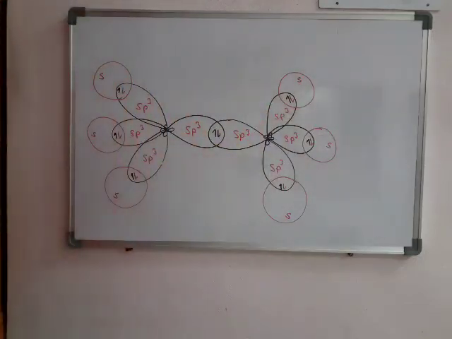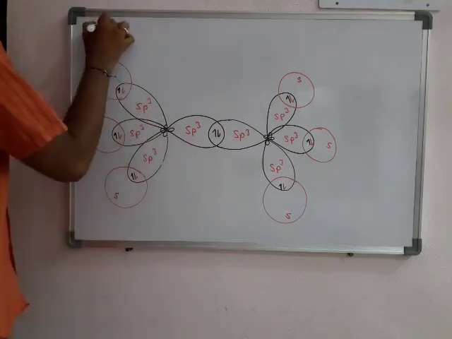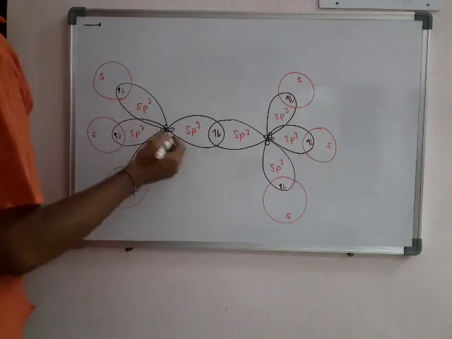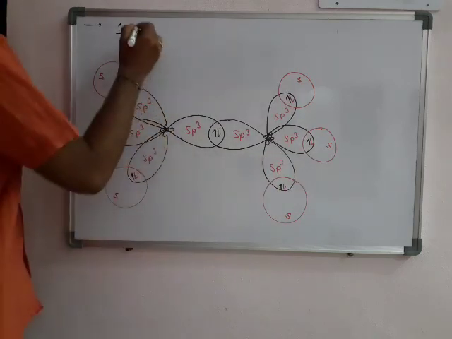Here see which type of bonds are formed. Between the two carbon atoms there are sp3 overlappings. I am writing the explanation for this structure.